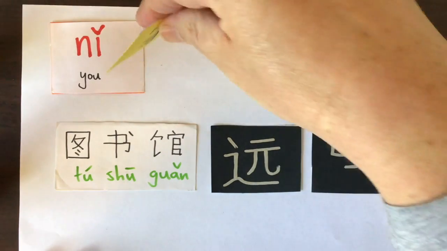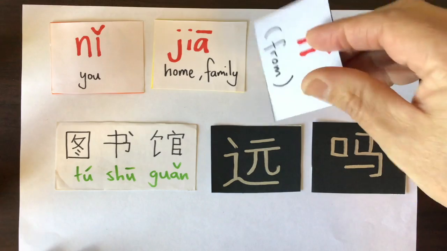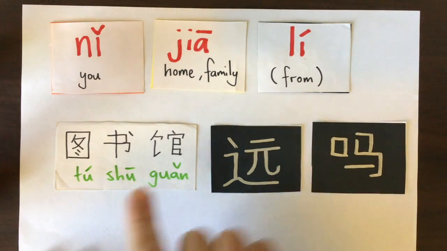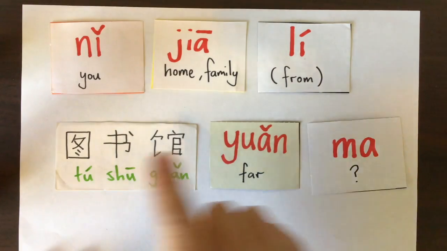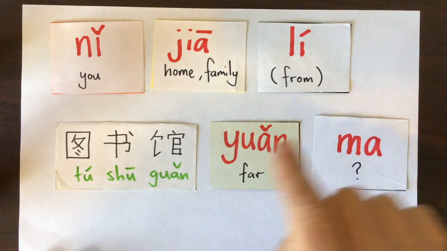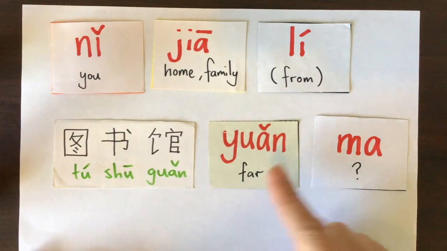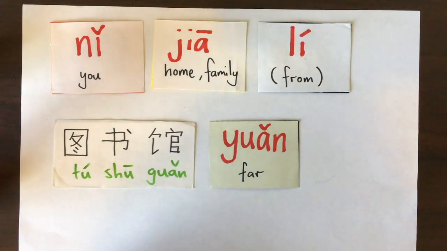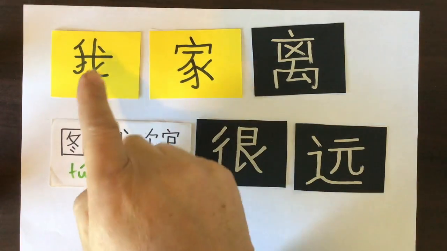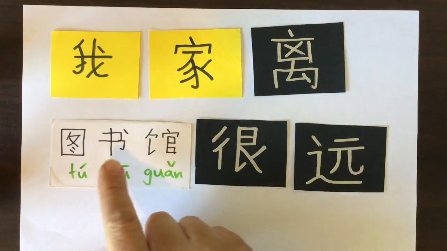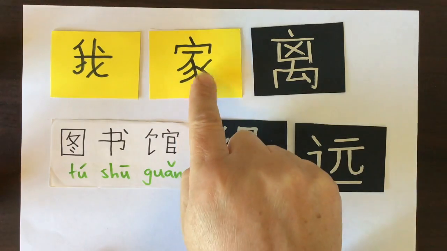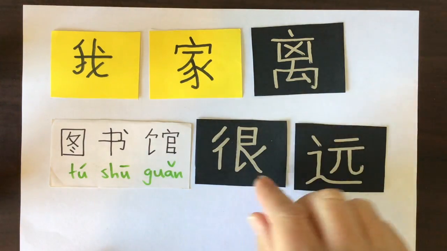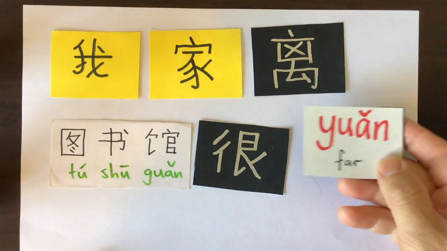So your house. 你家. Then we have 离 from 图书馆远吗? So is your house from the library far? Okay, you might want to answer that one. Let's have a look. So I'm going to make up an answer. Here's my answer. 我家离图书馆很远, which is my house from the library is very far.